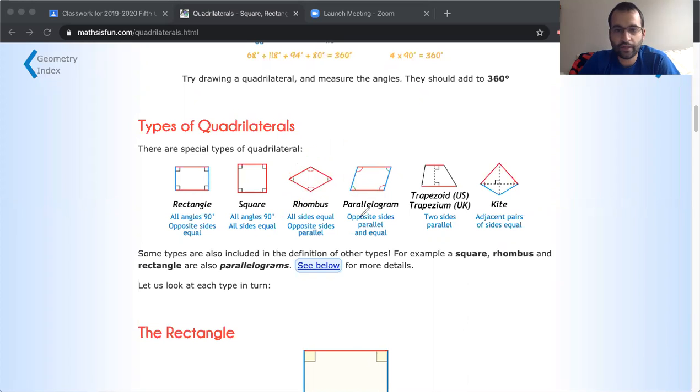Okay, so parallelogram, opposite sides are parallel. So once again, this blue line and this blue line, my drawing's not the best, but those are never going to touch. And the opposite sides are equal. So red and red are equal, and blue are equal as far as their lengths. And then trapezoids, two sides are parallel. So you'll notice that this line and this line aren't.